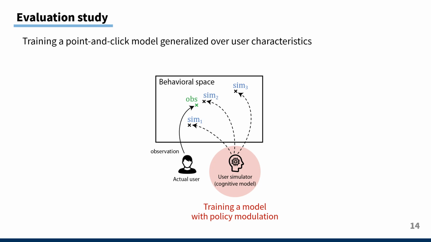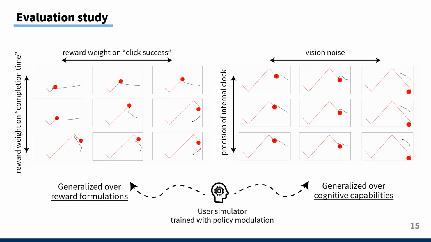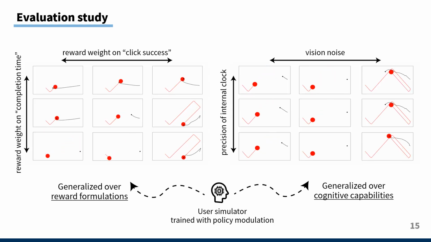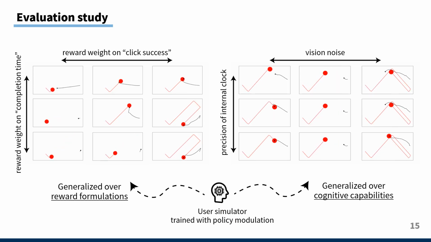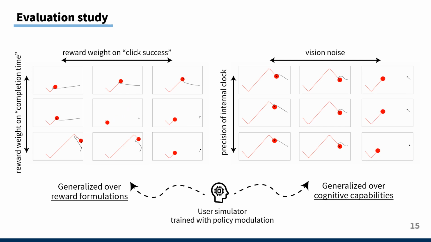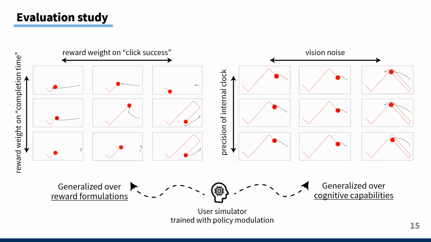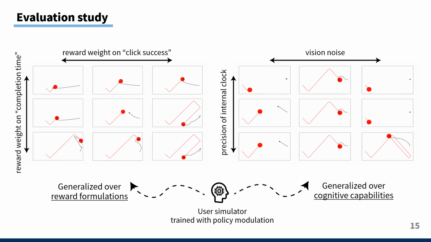We trained a point-and-click model to be generalized over various user characteristics through policy modulation. After the training, we were able to investigate how the simulated behavior changes according to the variations in the user's reward formulation or cognitive capabilities by only using a single model.